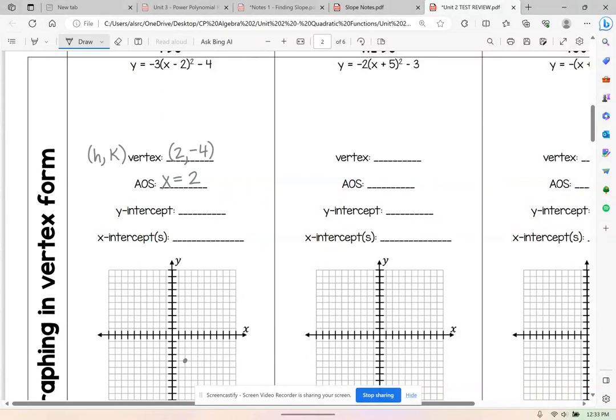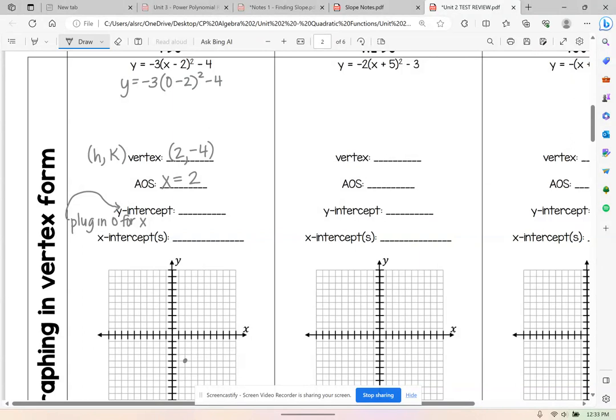Y-intercept. I don't have C anymore. So that's how you find your y-intercept. Plug in 0 for x. So if I plug in 0, I'll have y equals -3 times the quantity 0 minus 2 squared minus 4.